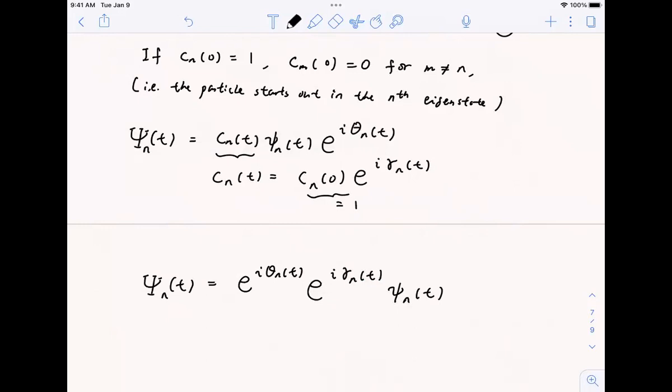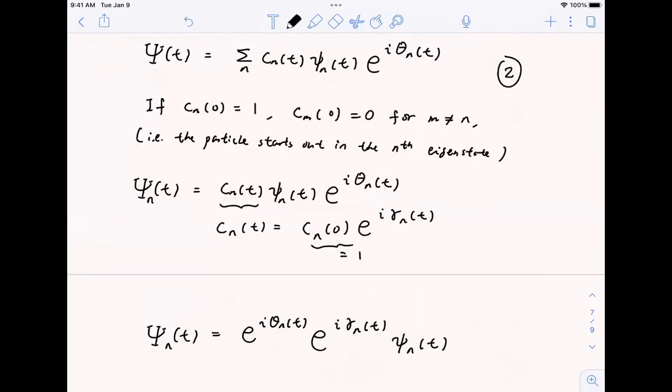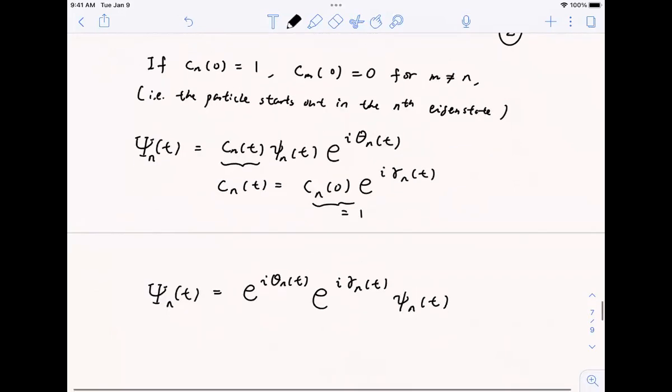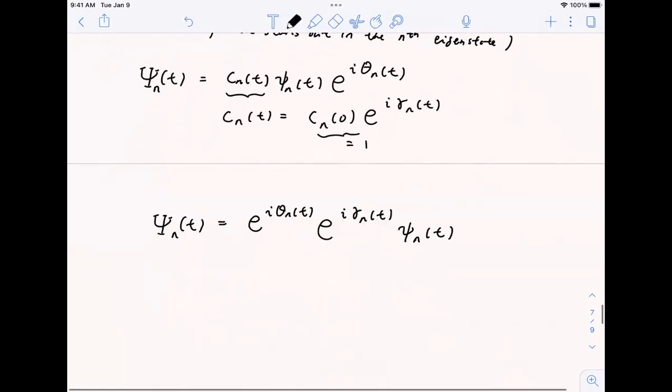That means if you start out only in the nth eigenstate, then after a long time, the new eigenfunction will have this form.